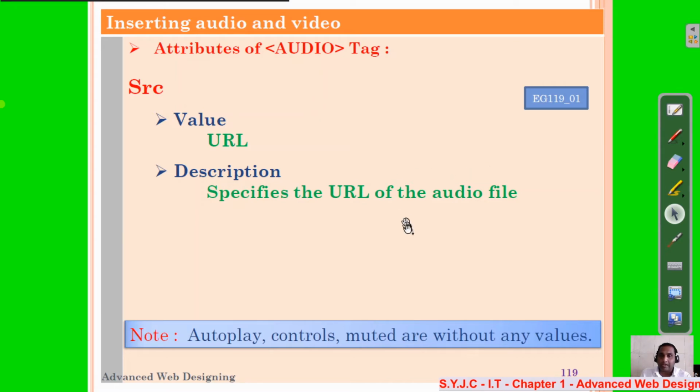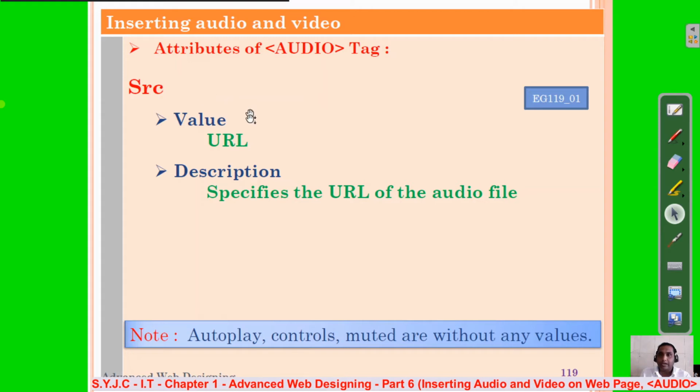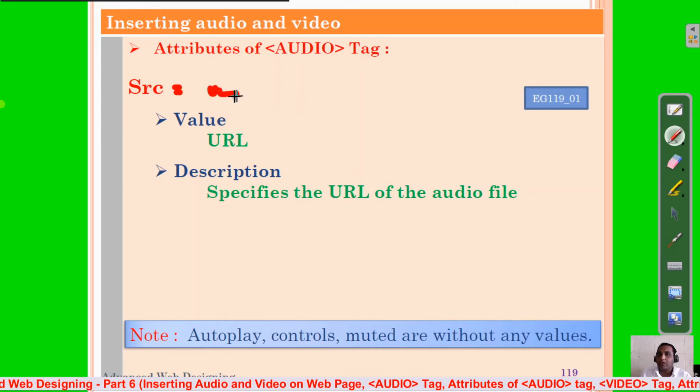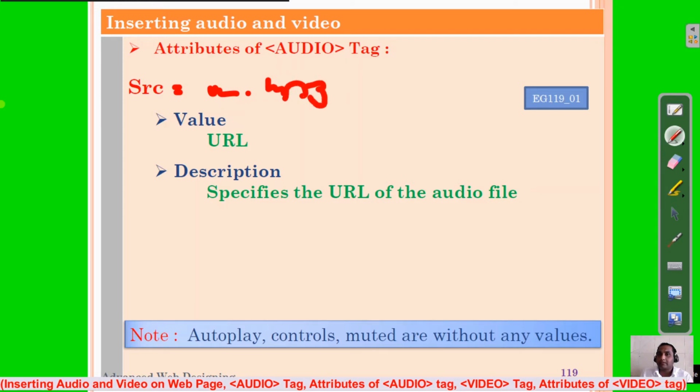We just write them in the audio tag as they are. Here we write src equals and the name of a file, something like abc.mp3. Here I am writing with a mouse, so it is not properly seen.